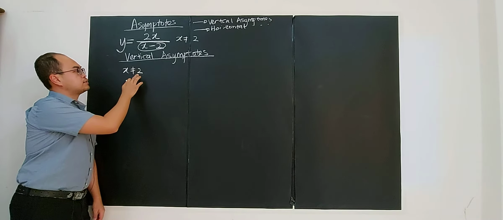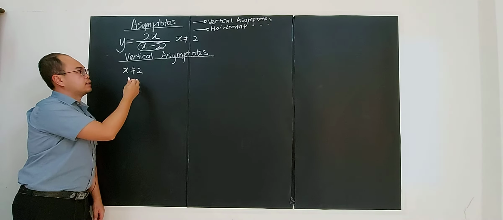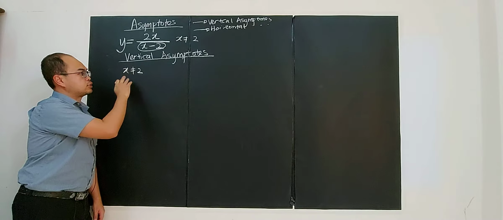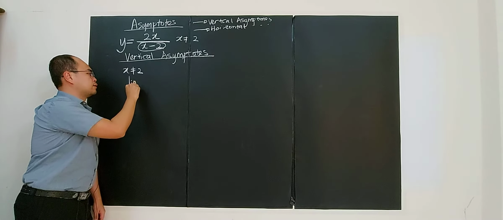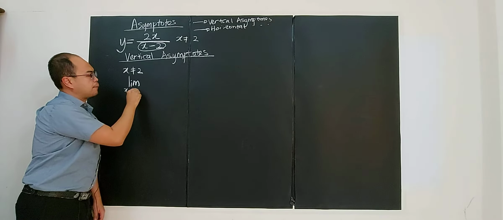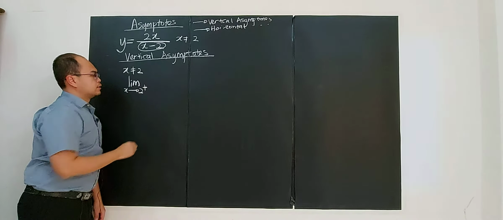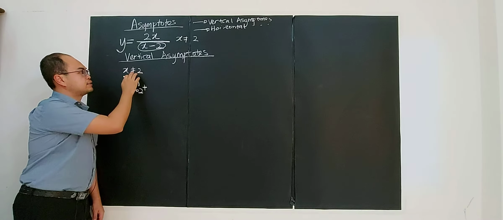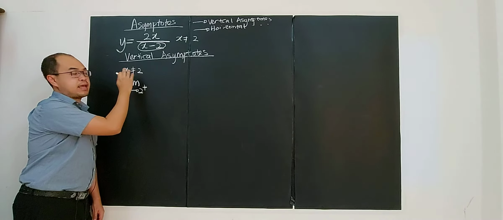So it is possible that the graph is approaching this line, but it won't touch this line. How? You have to learn about limits. We have to check what happens to the graph when the limit is approaching 2 plus, to verify that this is an asymptote.